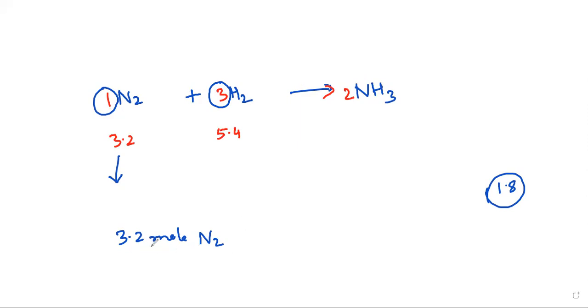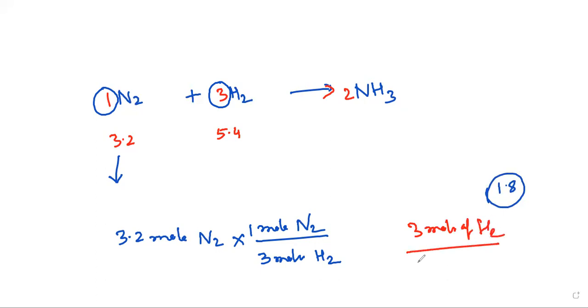So 3.2 moles of N2, and the mole ratio is 1 mole of N2 to 3 moles of H2, or you can flip it: 3 moles of H2 to 1 mole of N2. This or this will be the same. This is the mole ratio.